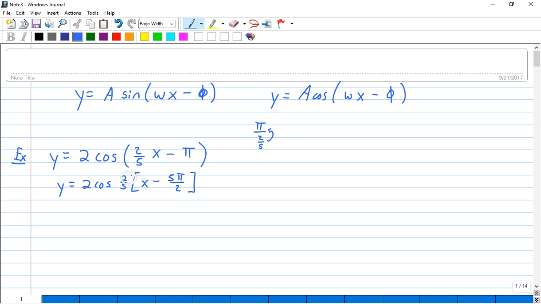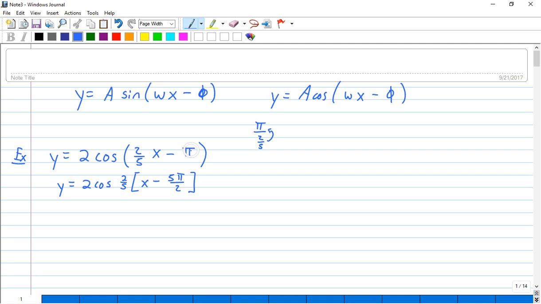So whatever you have in front of the x, you want to factor out. Doesn't matter if it's a pi, if it's a fraction, if it's a whole number, you want to factor that out, and then you want to make sure and divide this last term here, your phi, by whatever you factored out.